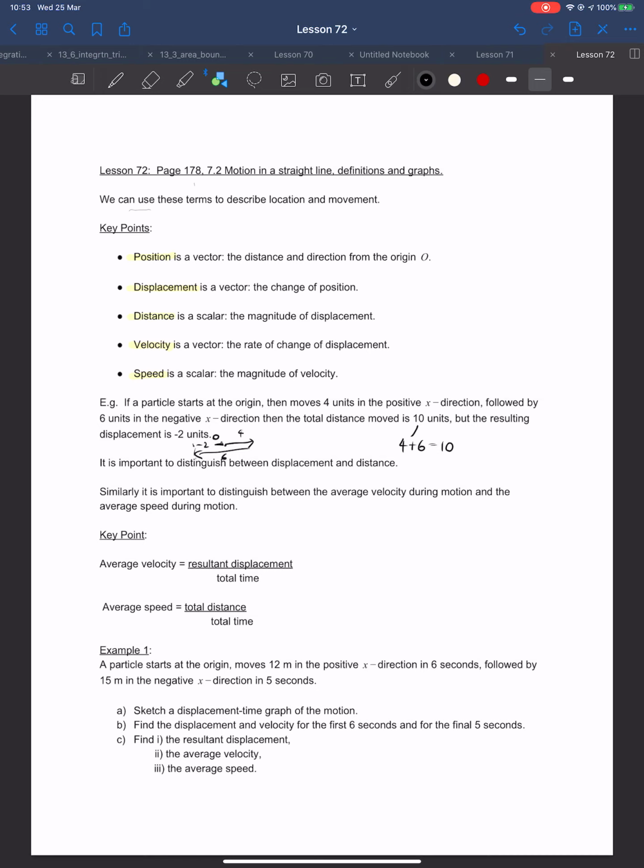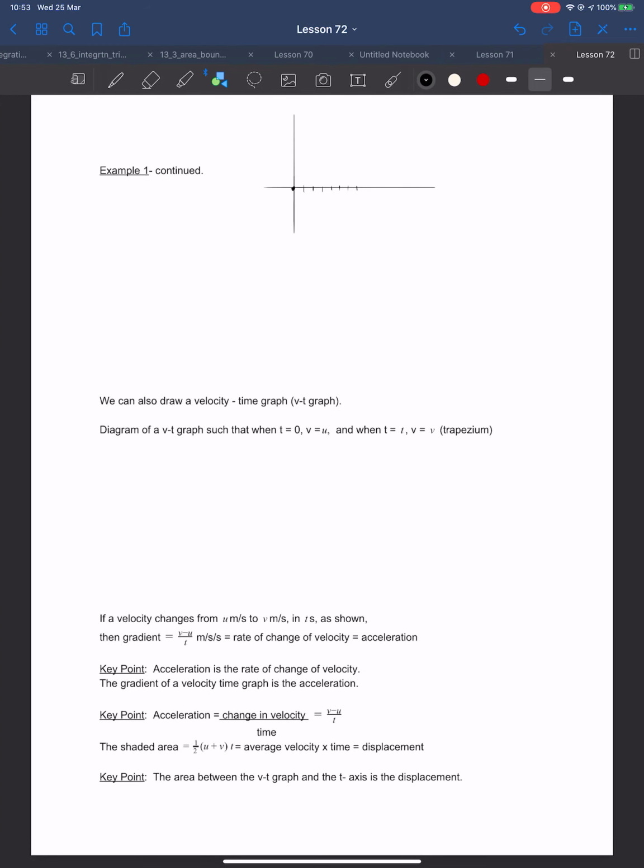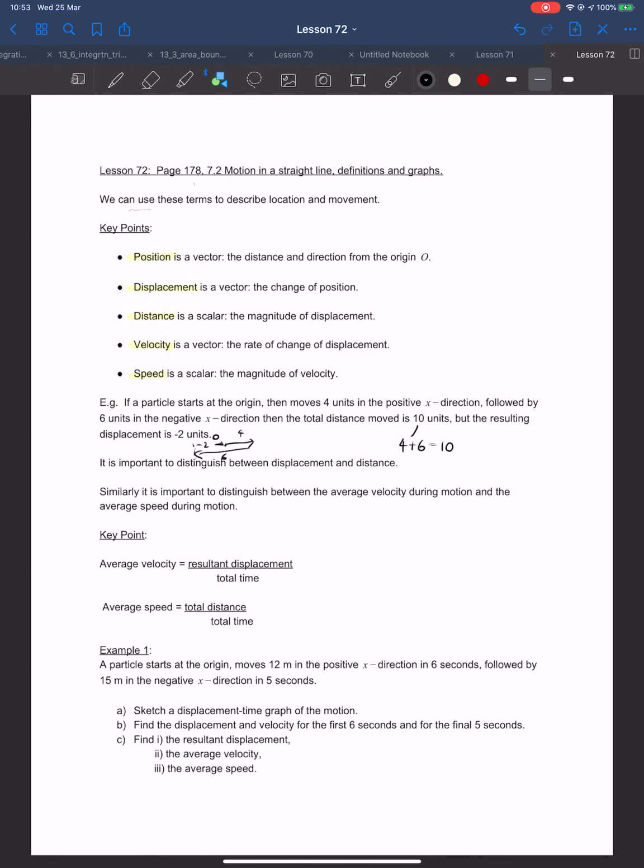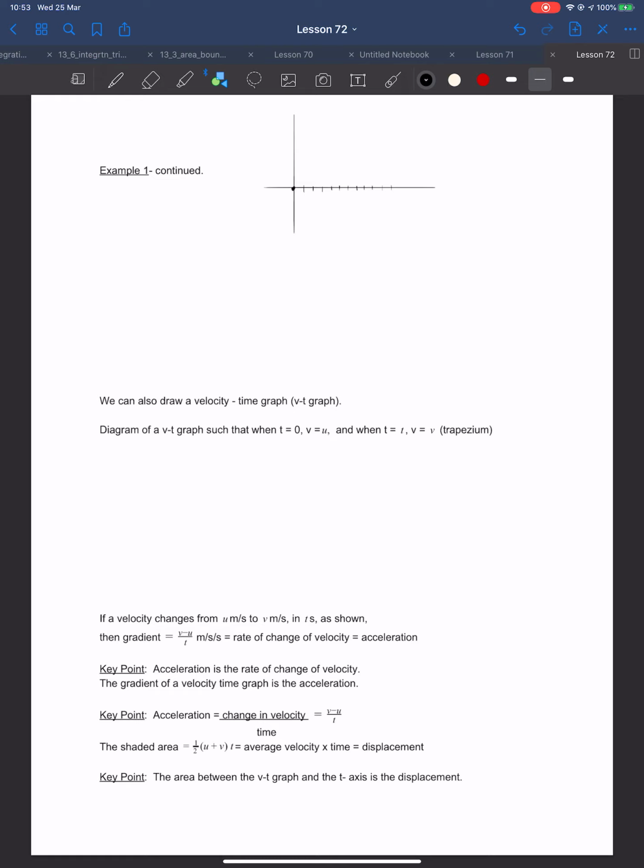And then it moves in 5 seconds. 1, 2, 3, 4, 5. So that's going to be enough times there. 12, 2, 4, 6. So that's our first one there, and that's our final one. And it's got to move 12, 2, 4, 6, 8, 10, 12. And we just need a few under here.